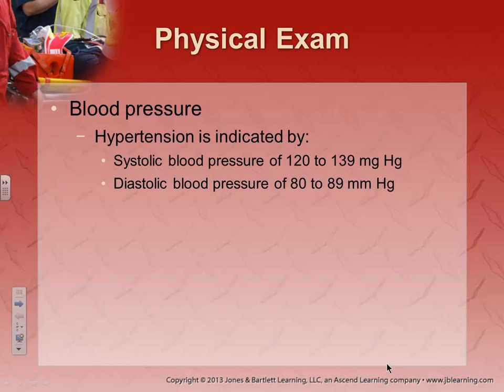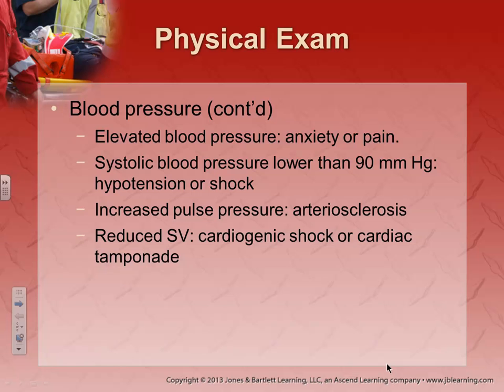It's a difference between the systolic and the diastolic blood pressure, and it's really the average blood pressure that perfuses the body. All right? The brain needs a mean arterial pressure of at least 60 to perfuse the head. So elevated blood pressure could be some type of problem, blood pressure issues, or anxiety or pain.